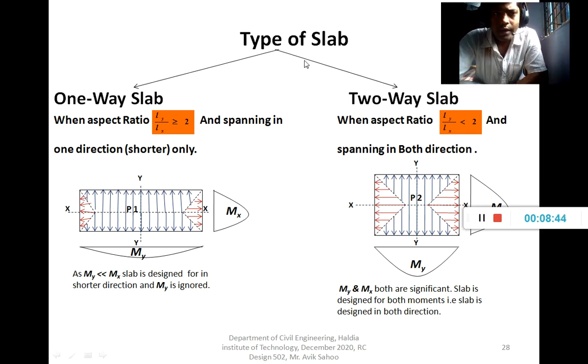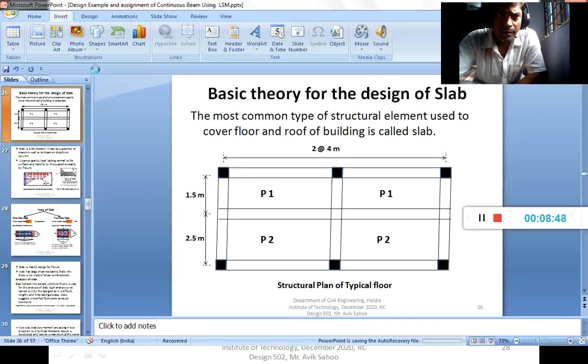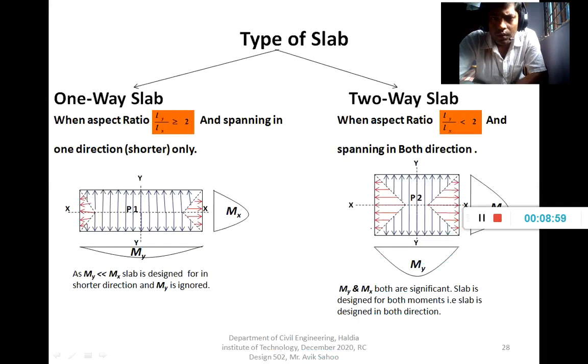So as I have said, the slab has two types. One is one-way slab, another is two-way slab.